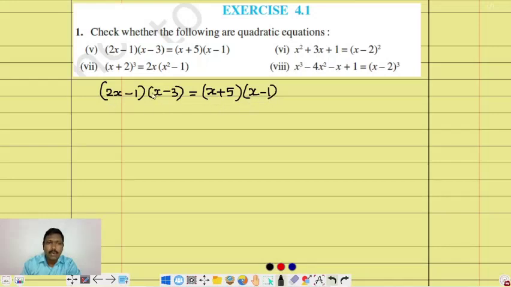Okay, now open the bracket. You will get 2x into x will be 2x squared, 2x into minus 3 will be minus 6x.